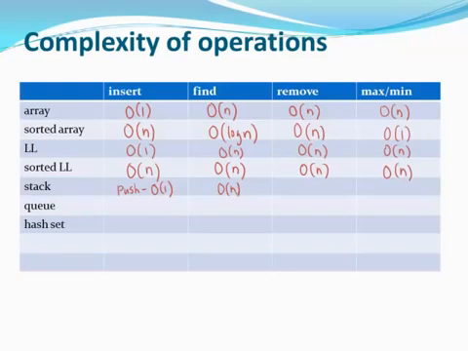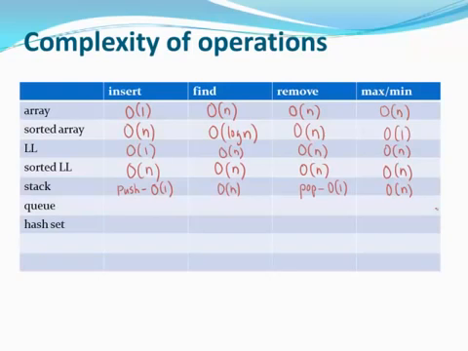That would cost you big O of n, and you put the stack back into its original shape. Removing something from the stack can only be done from the top, which we call pop. So that's big O of 1. Max or min from a stack would again require you to look through the entire stack by popping elements and pushing them back into the original format.